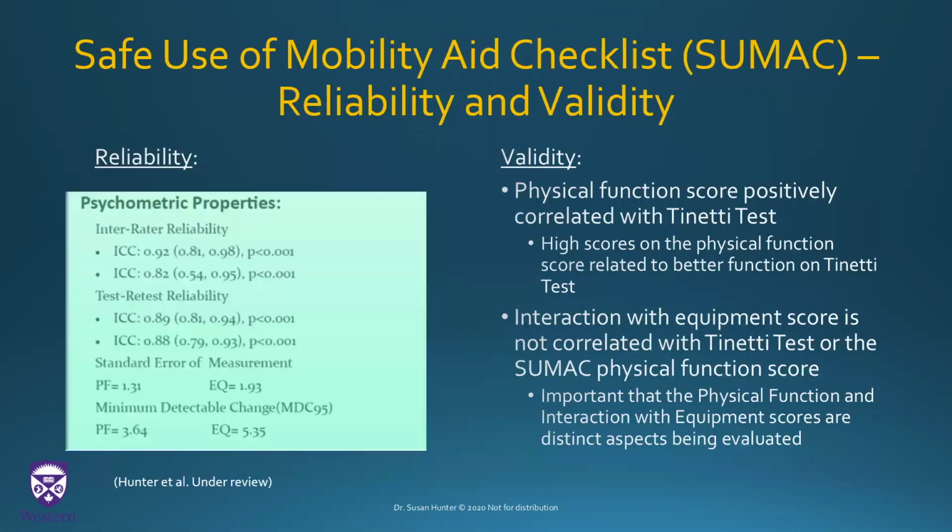Now, we have looked at evaluation of the tool that we generated through our healthcare specialists, and we looked at reliability. We looked at how reliable administering the tool is within a particular individual, as well as assessments over time, and assessments between people.